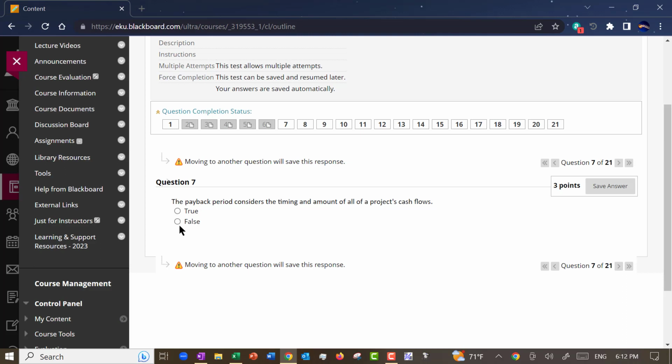Once you reach the payback, what happens after that is irrelevant. Whether you get $0 or $1,000,000 after the payback period is irrelevant. Payback period is still the same. So it doesn't consider all the payments. Okay? That's why it's false.